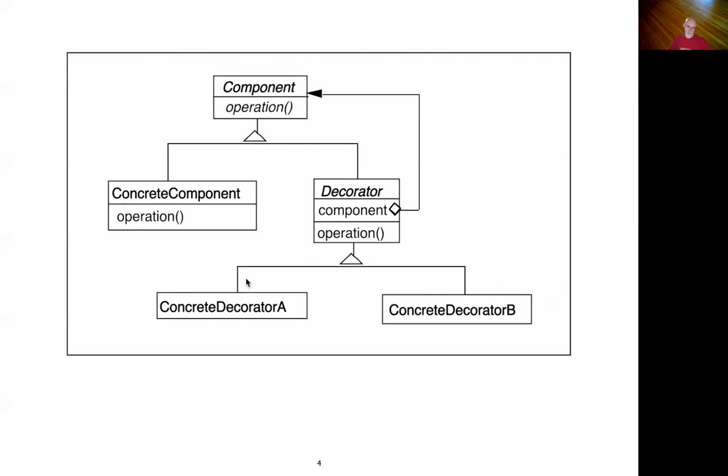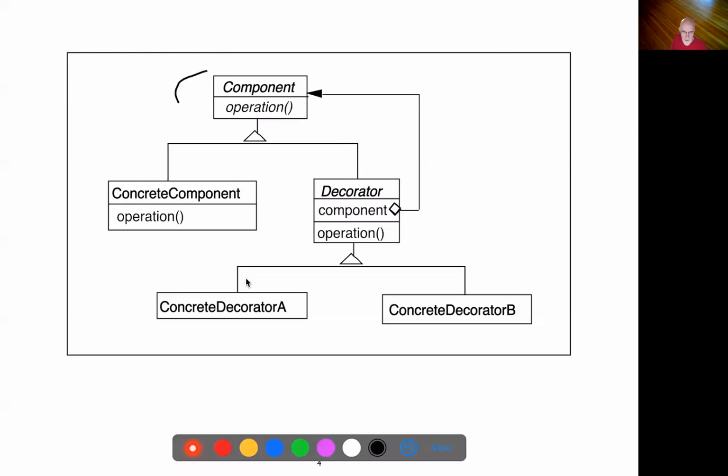So the structure, first of all, we need an interface or an abstract class, depending on what language you use and what construct is available. It defines the interface, all the operations you can perform on the actual object. And then we've got the concrete components, and that actually implements various operations.